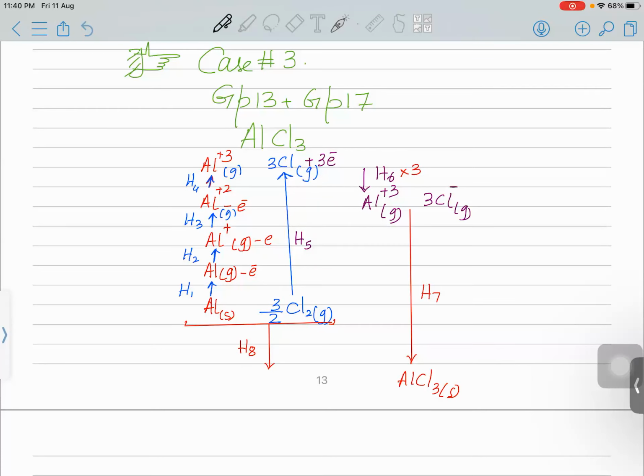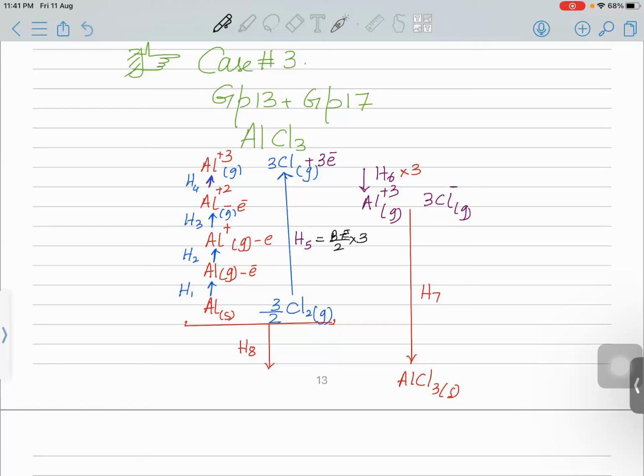How to find the H5? Fahim, Alia? Anyone? Sir, is it bond energy of chlorine divided by 2 times 3? Very, very good. Now, how to find the lattice energy?